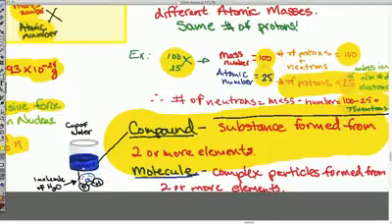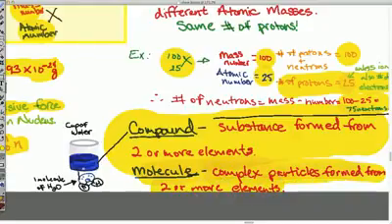Now I can look at one specific molecule of H2O where it's also got pretty much the same definition as complex particles formed by two or more elements, but the difference is we're looking at just one pair of H's and one oxygen, as opposed to the compound of water. Okay, make that distinction in your head.